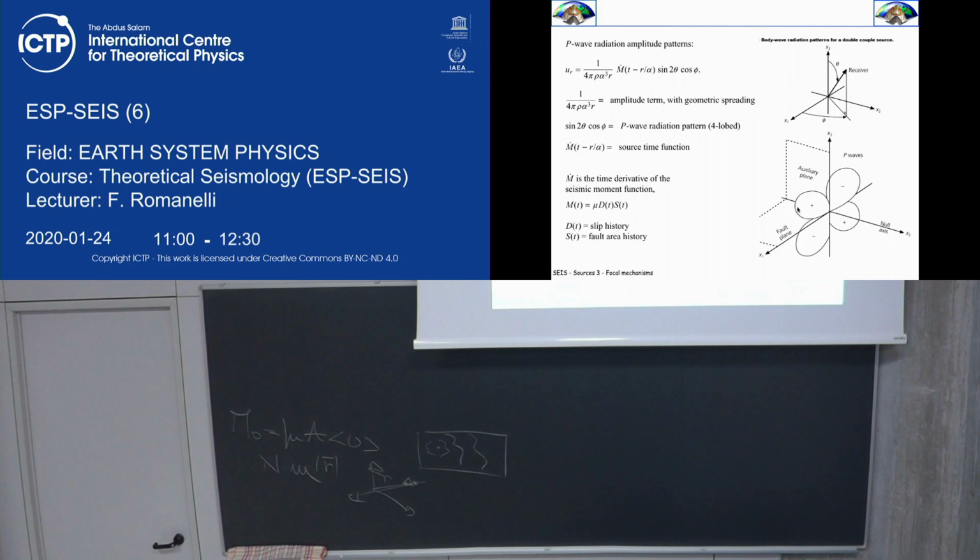And you see here a big plus, big minus, big minus, big plus. So we have 4 quadrants and 2 null axes, because along those axes there is no radiation. Okay? This is the picture that we are going to use to predict first arrival polarities, P waves.